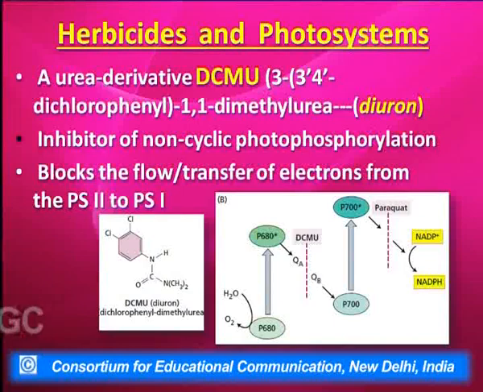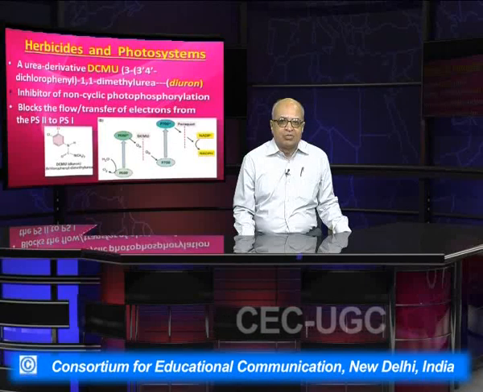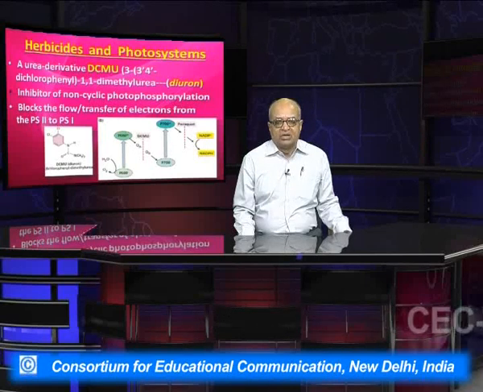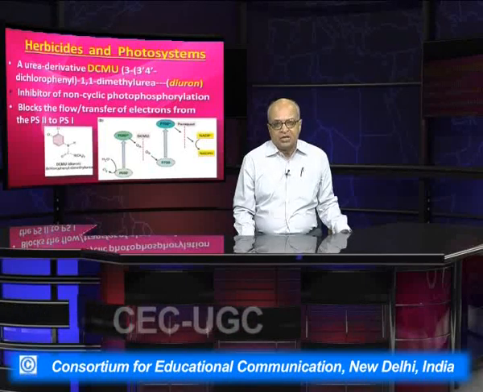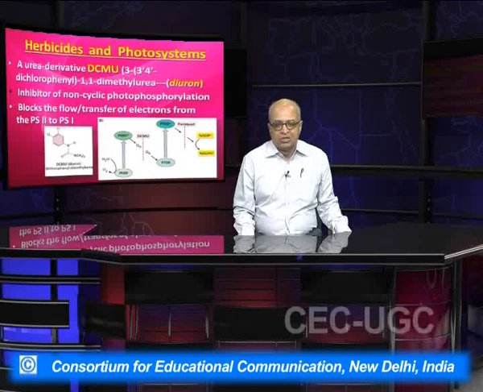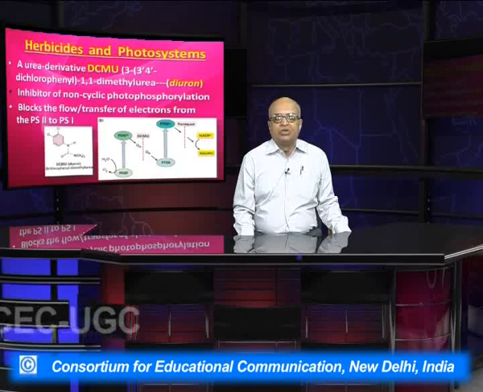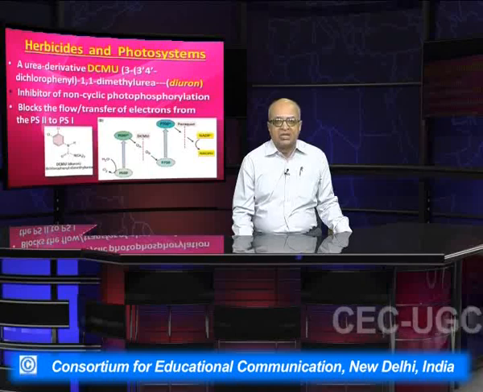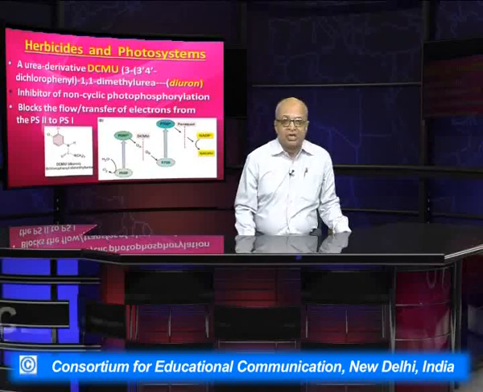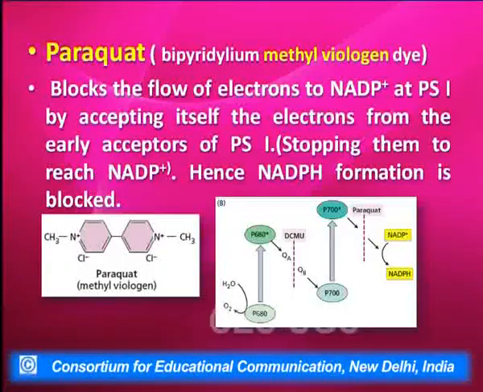You remember, the cytochrome b6f complex is the connecting one after the excitation of PS2, and it is to send the electrons to PS1. If this particular site is blocked, no electrons will pass to PS1 and photosynthesis will not take place, which means the complete assimilatory power will not be made, and as a result the plant would ultimately be starved and die. Another category is paraquat, which is also called methyl viologen.